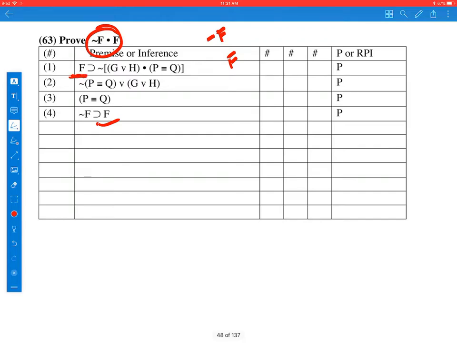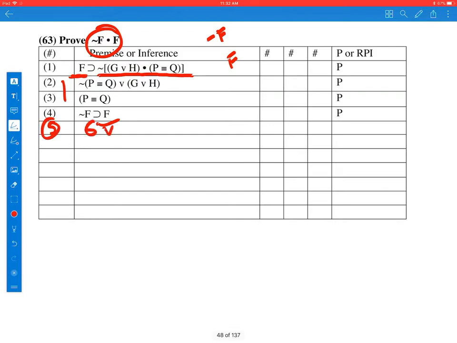I'm going to get a not F from line 1. I'm going to do a modus tollens to get a not F. But what that requires is that I get the opposite of that giant consequent, G or H and P if and only if Q. Well, let's get them one step at a time. Look at 2 and 3.